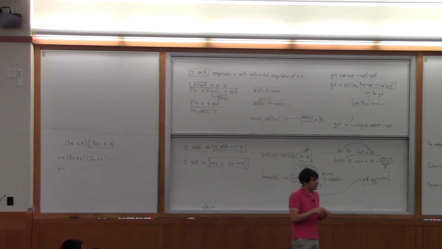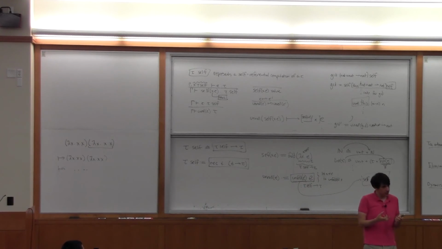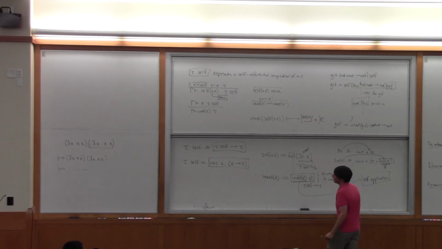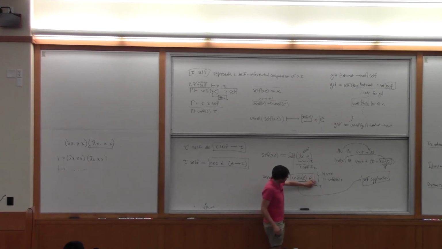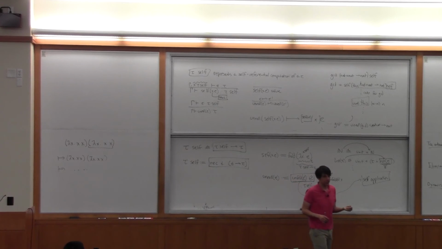Okay? So the idea of self-reference allows us to define a general recursive fixed point construct, or to define an infinite loop. And really what's happening is that recursive types allow us to type self-reference, type a self-application, and that's giving us general recursion.